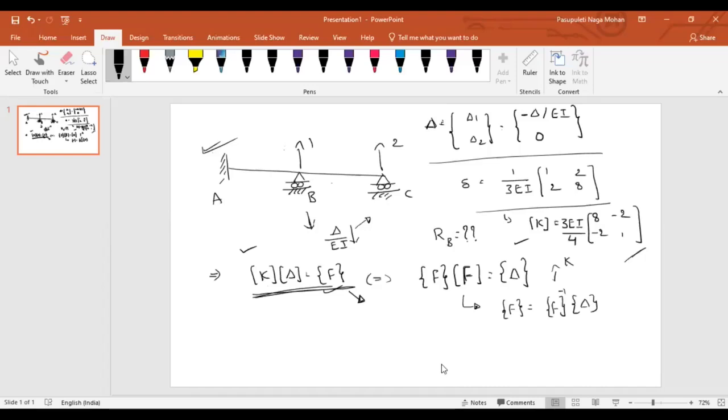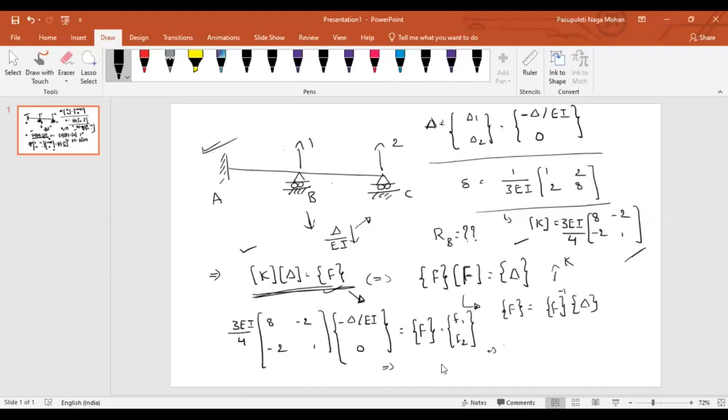Now if I substitute here: 3EI by 4 times the matrix 8, minus 2, minus 2, 1. What is the displacement matrix they have given according to the question? Minus delta by EI and 0. That will be equal to the force matrix, nothing but F1 and F2, reaction at 1 and reaction at 2.